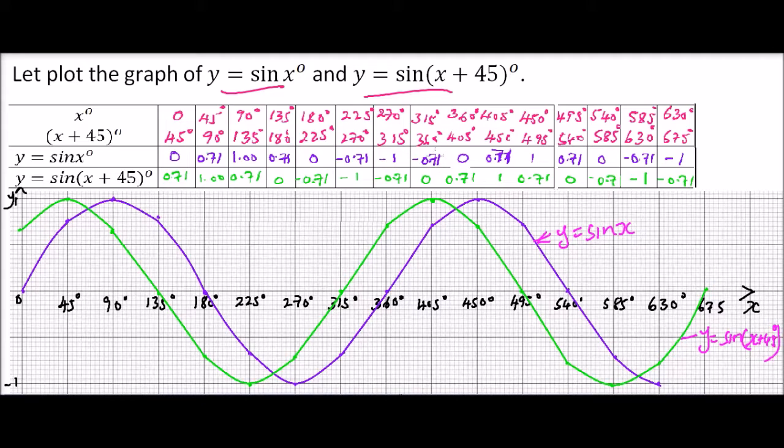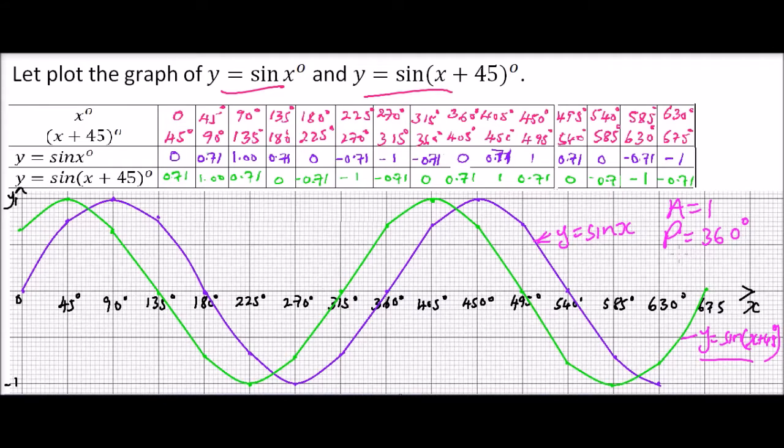Now, if you look at these graphs, you can see that the amplitude is the same, equal to 1. The period is the same, it is 360. But we can see that the graph of y = sin (x + 45) leads the other, with a difference of 45 degrees.